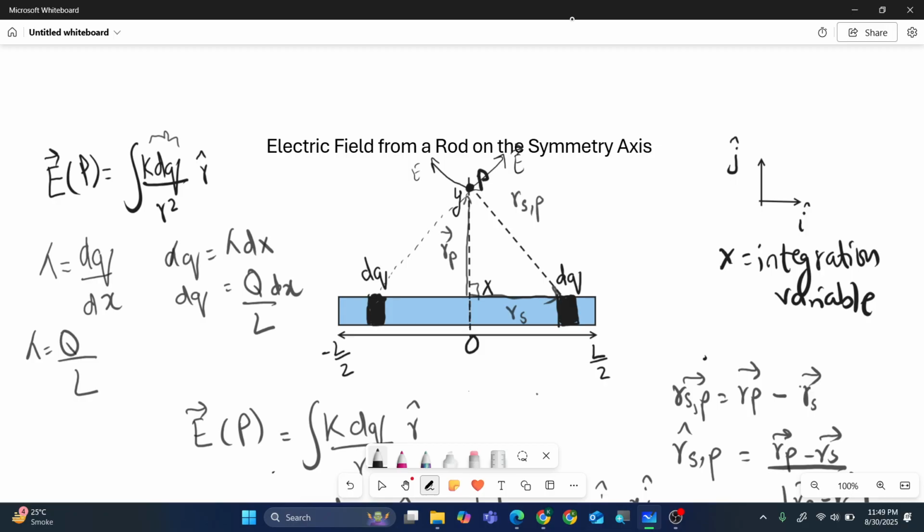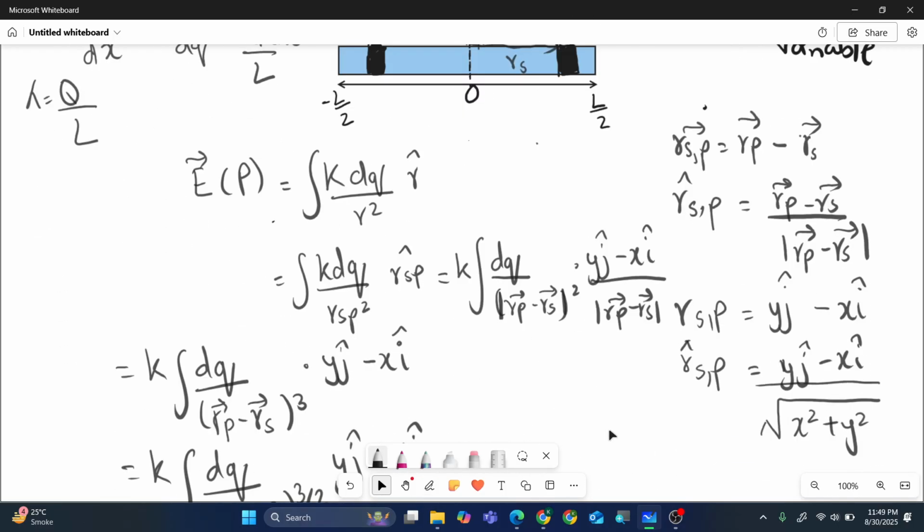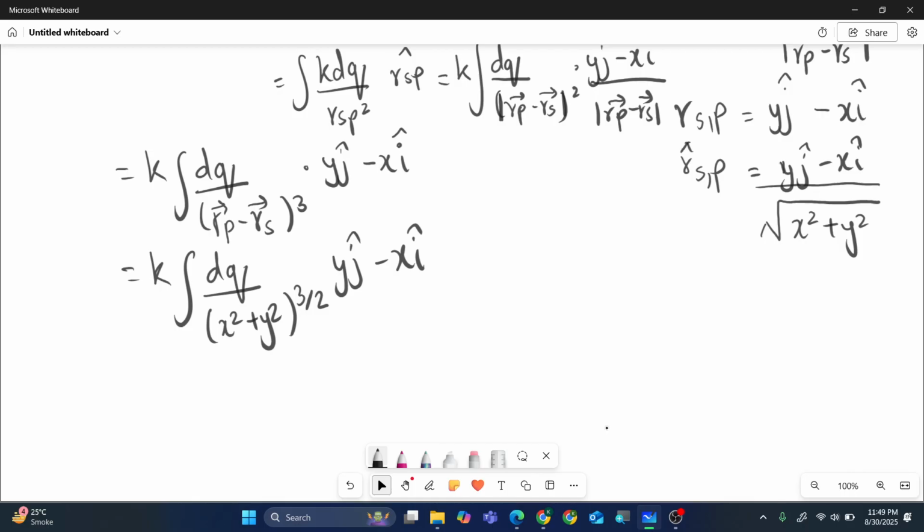If I break this electric field into x and y components, I can see that my x components are going to cancel out, and the only electric field effective at point P is due to my y component. I'm just going to erase this from here. So the direction of the net electric field will be in the j unit vector direction. So by this, I know that my xi part is basically just going to be 0.